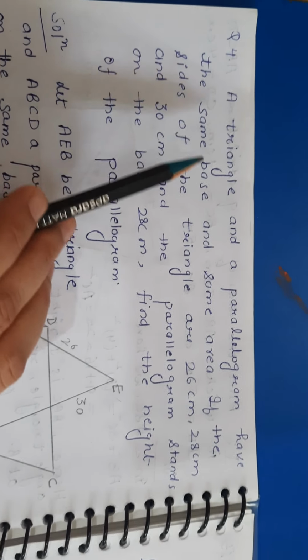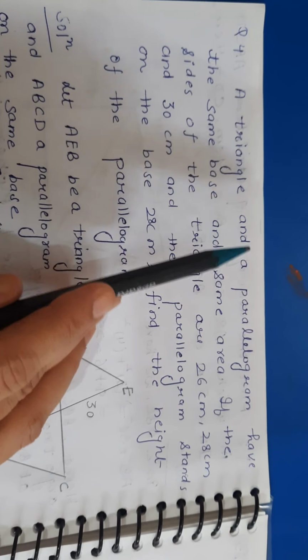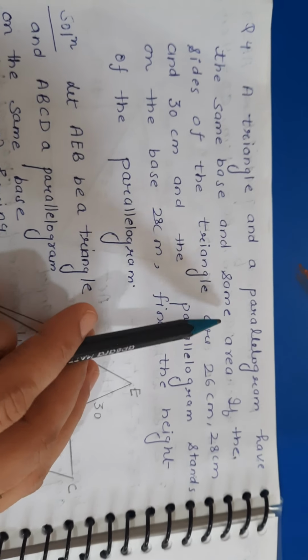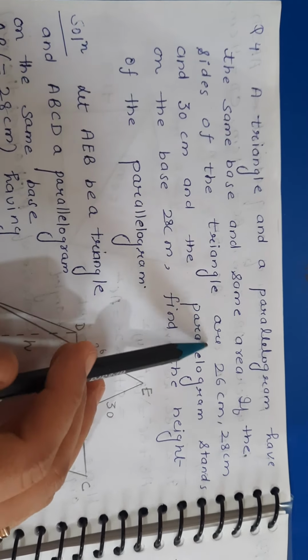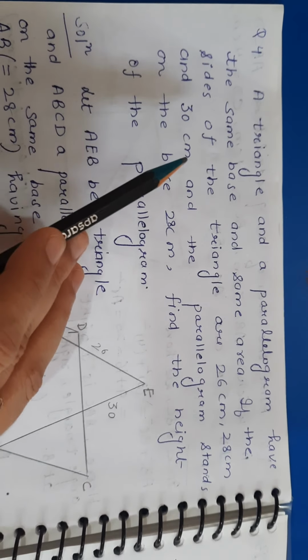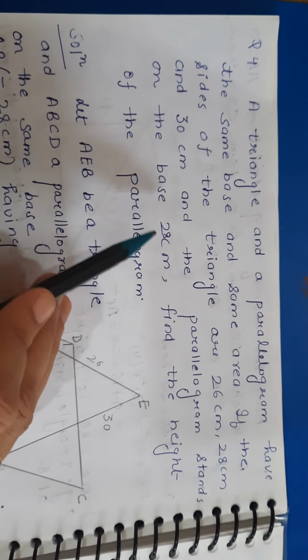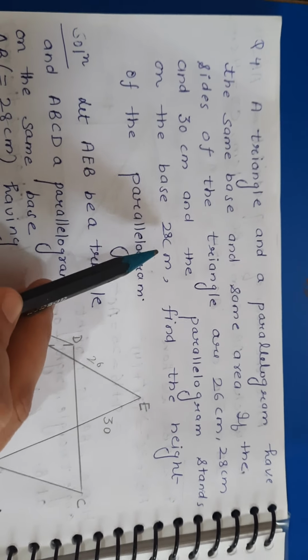Question number 4. A triangle and a parallelogram have the same base. It is given that the triangle and parallelogram have the same base and the same area. If the sides of the triangle are 26 centimeter, 28 centimeter and 30 centimeter and the parallelogram stands on the base 28 centimeter. Please read your statement carefully.